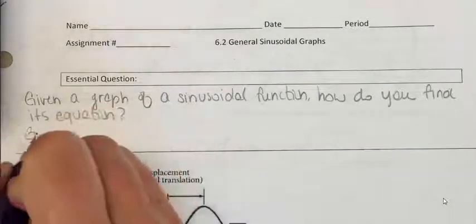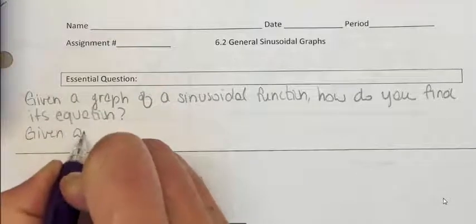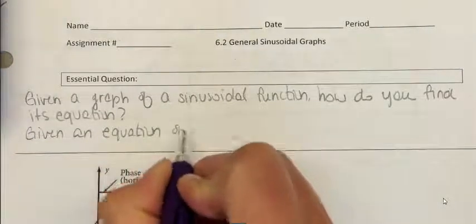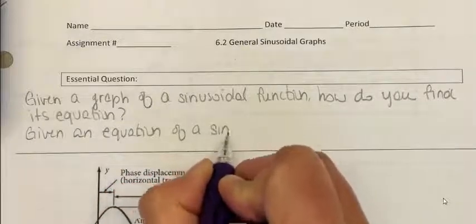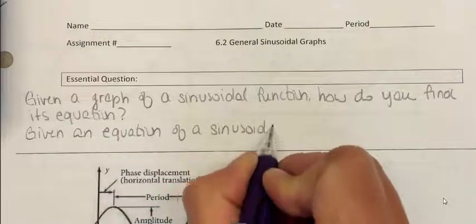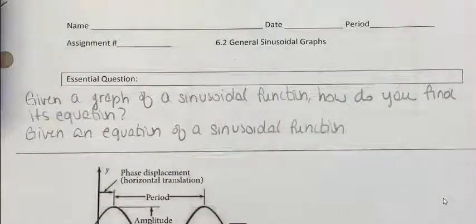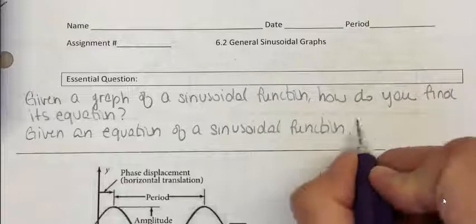Given an equation of a sinusoidal function, how do you graph it?